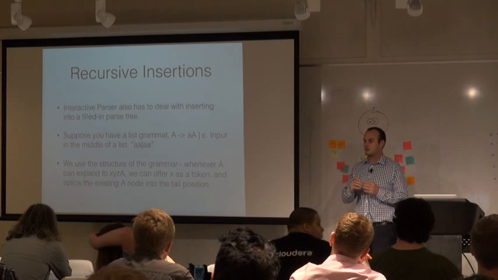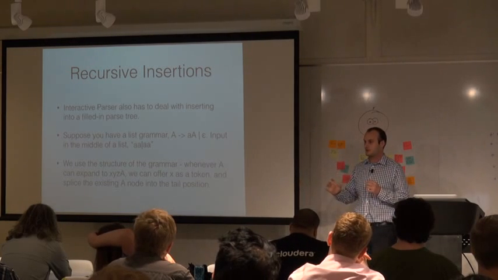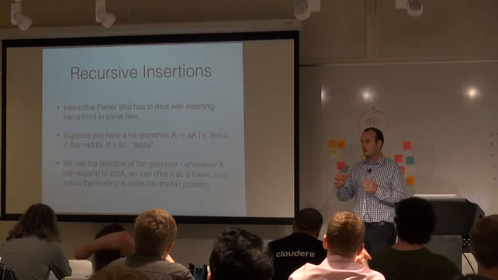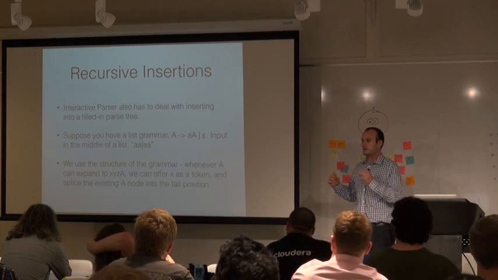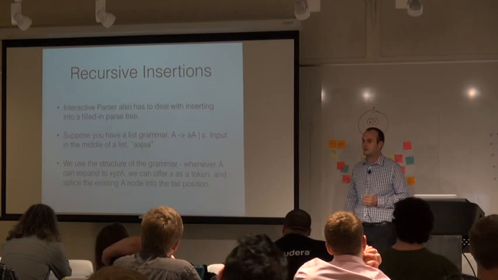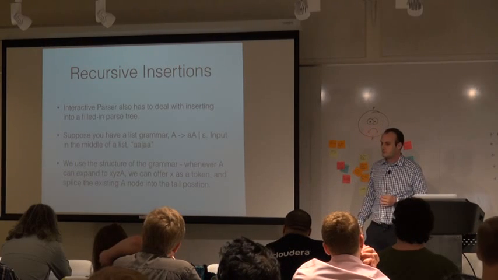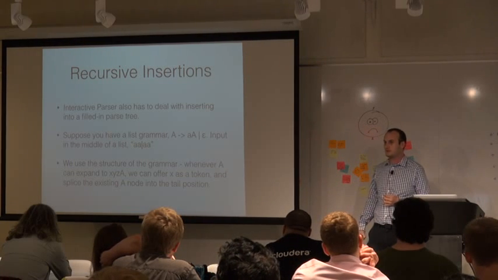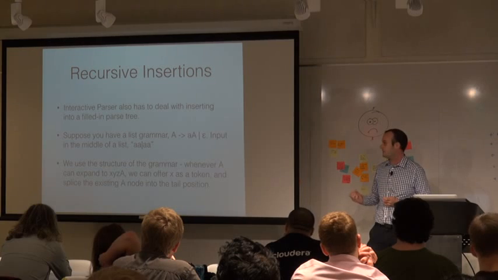We take the branch that goes onto the recursive call, and we pluck it out, and we put in whatever token they used, and paste back in our dangling node in the recursive position.